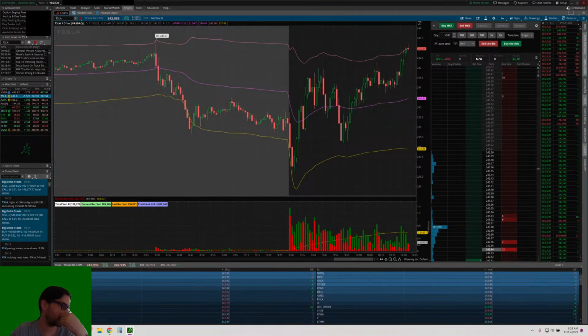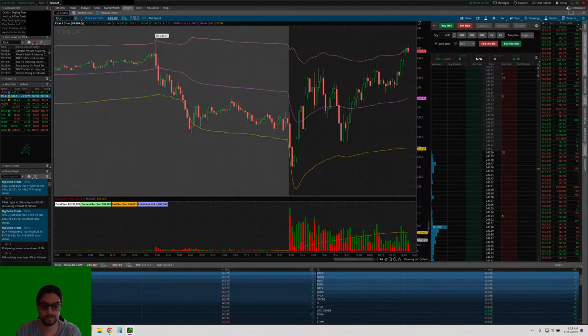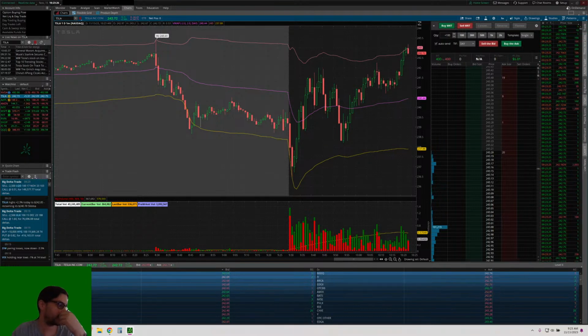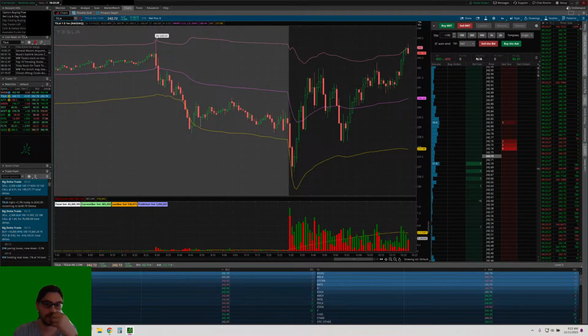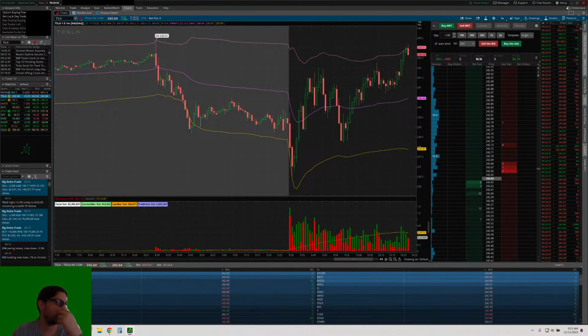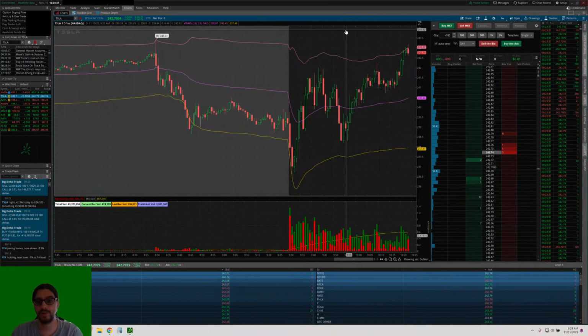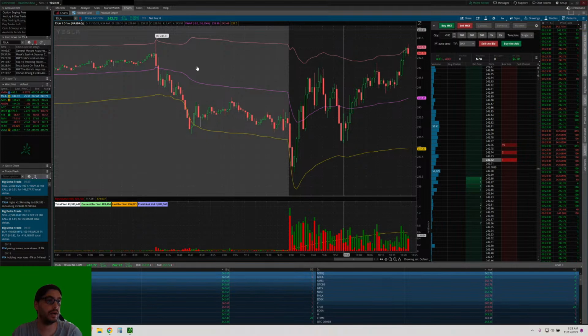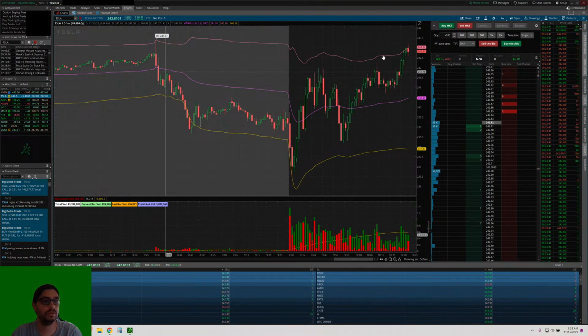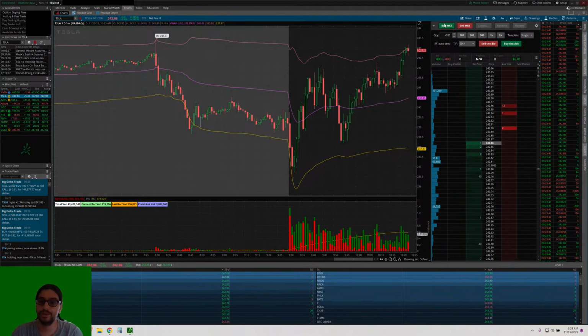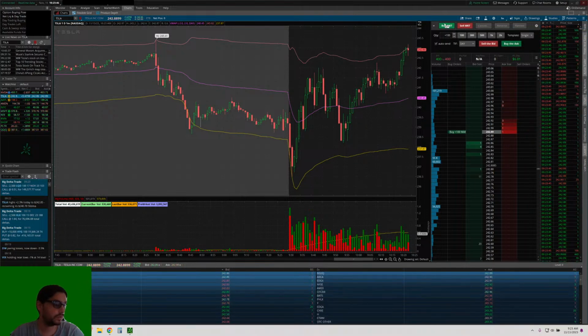$6 now. That was a really good level that I spotted the other day. It could have been gotten pretty darn cheap too. You know, that's the way the cookie crumbles sometimes.